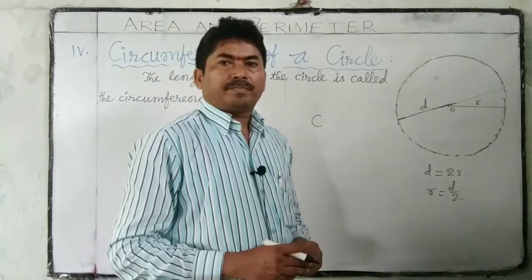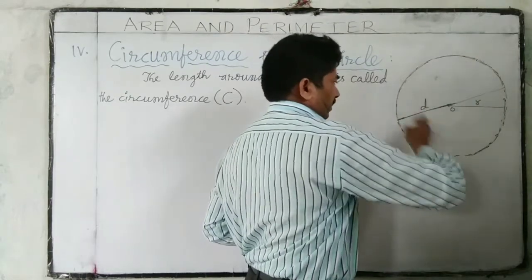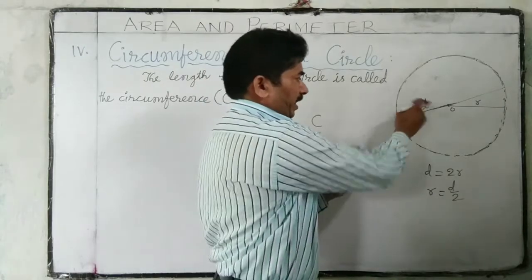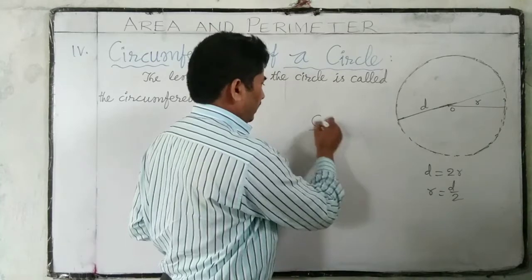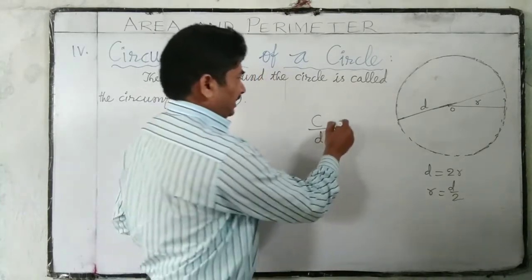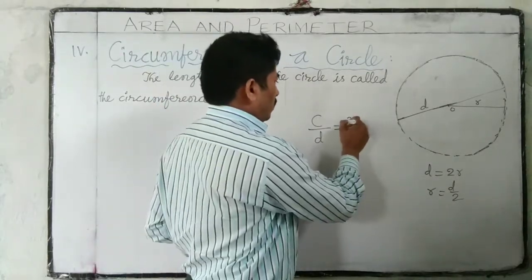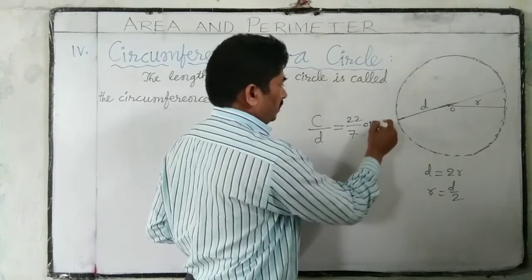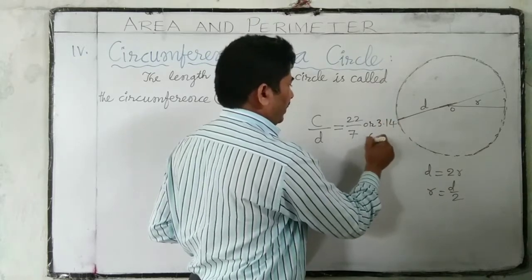And the approximate value of the ratio of this circumference to the diameter of a circle, that is C by D, is equal to 22 by 7 or 3.14 approximately.